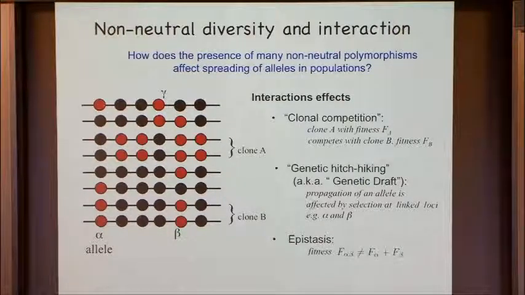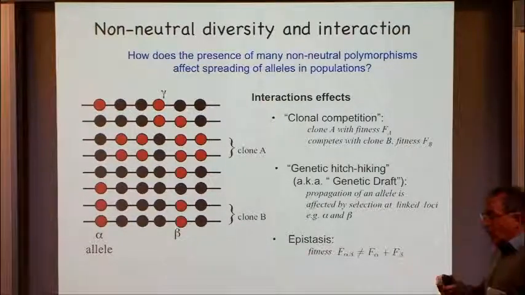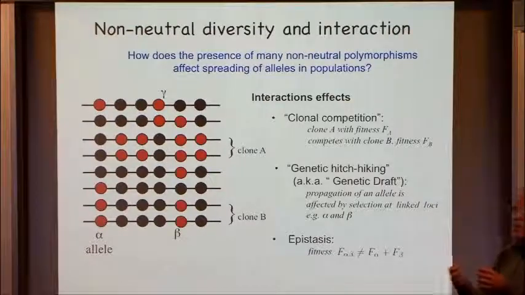And even a deleterious mutation can rise to prominence in the population if it is riding on the back of beneficial mutations. That's called genetic hitchhiking, otherwise known as genetic draft. So we were talking before about genetic drift, which is just non-heritable stochastic variation in offspring survival, right? But this hitchhiking contributes another element of stochasticity into propagation of the allele.